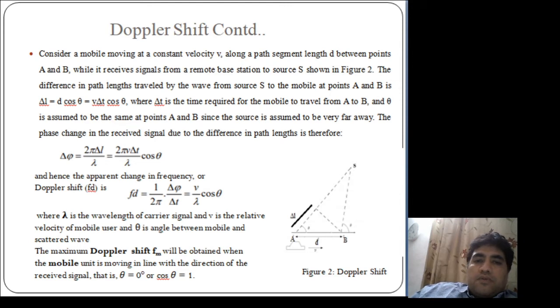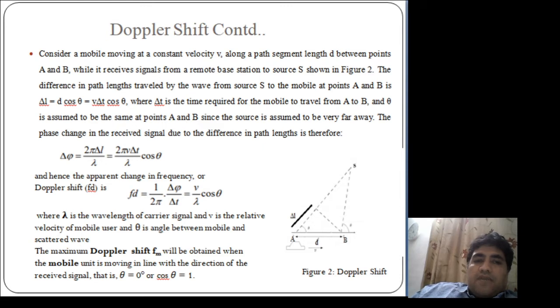So the difference in the path length is related to the difference in the phase change. Suppose the mobile user is at point A at t equals 0 and reaches B at t equals delta t, and if it makes an angle theta at A and an angle theta plus delta phi at B, then the difference in phase is delta phi, which is related to the path change, that is delta L, by a factor of wavelength lambda.